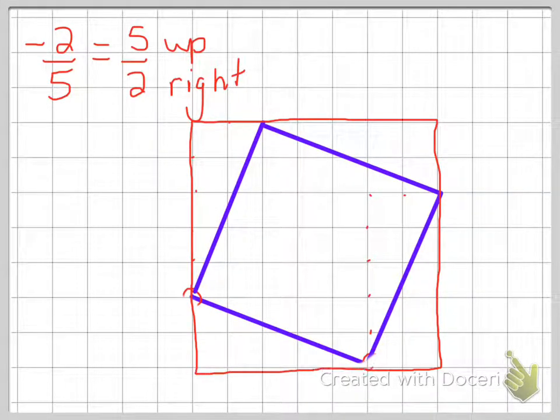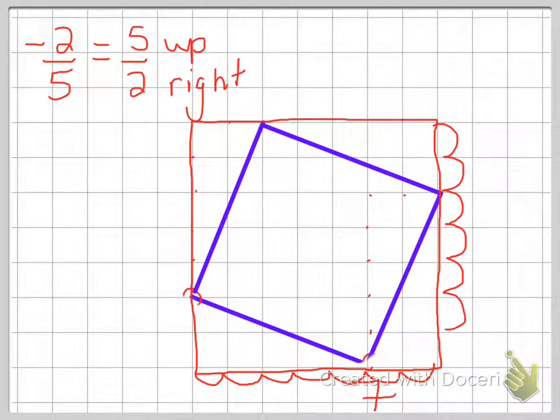Now, the next step after surrounding is to find the base and the height. So I'm counting 1, 2, 3, 4, 5, 6, 7 for the base. And 1, 2, 3, 4, 5, 6, 7 for the height.